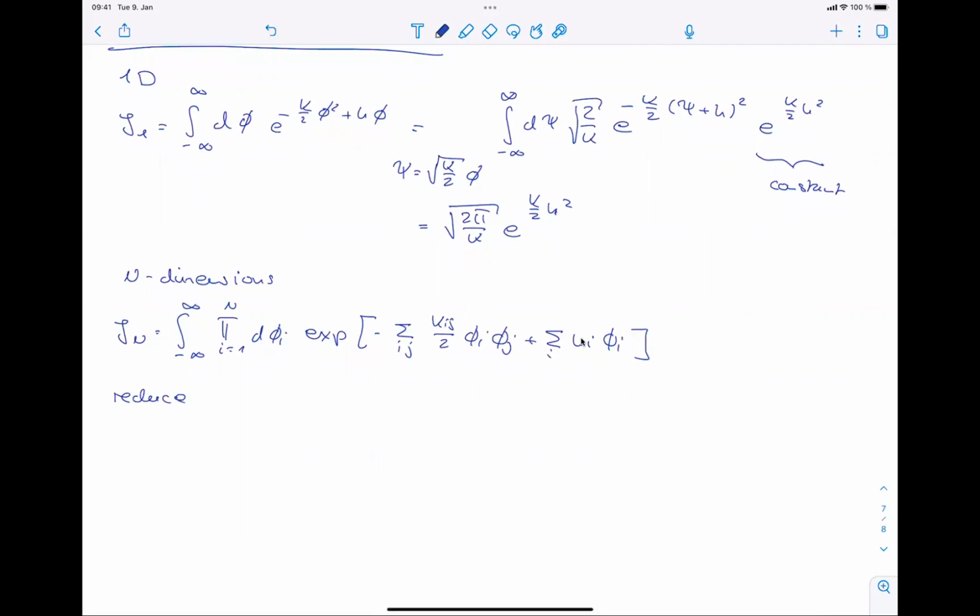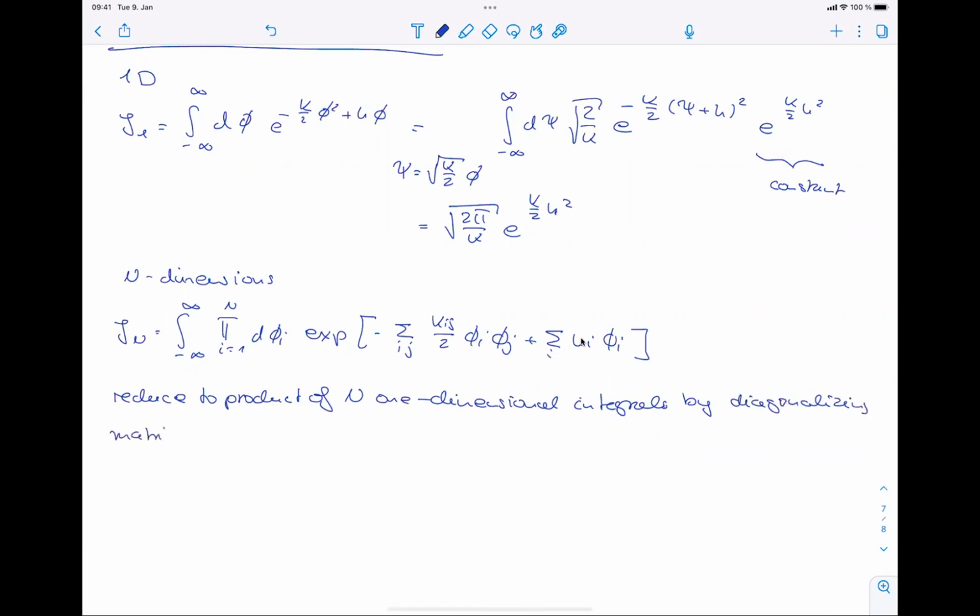So the idea is to reduce to a product of n of them. And K being symmetric means that the interaction of i with j is the same as the interaction of j with i.